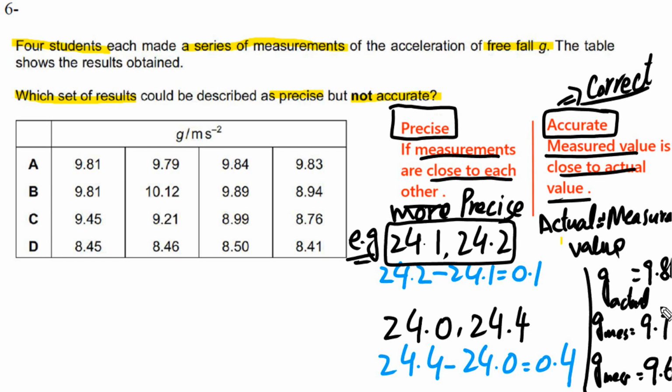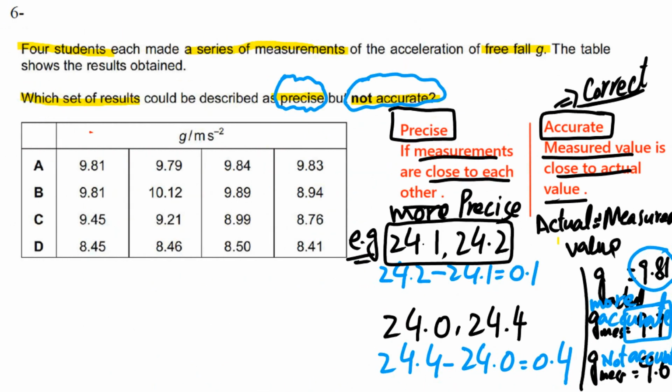Accurate means which one is closer to 9.81. As you can see, 9.7 is closer to 9.81, so we will say this one is more accurate. This is how we can determine accuracy. The other one we say is not accurate because it is not close to 9.81.